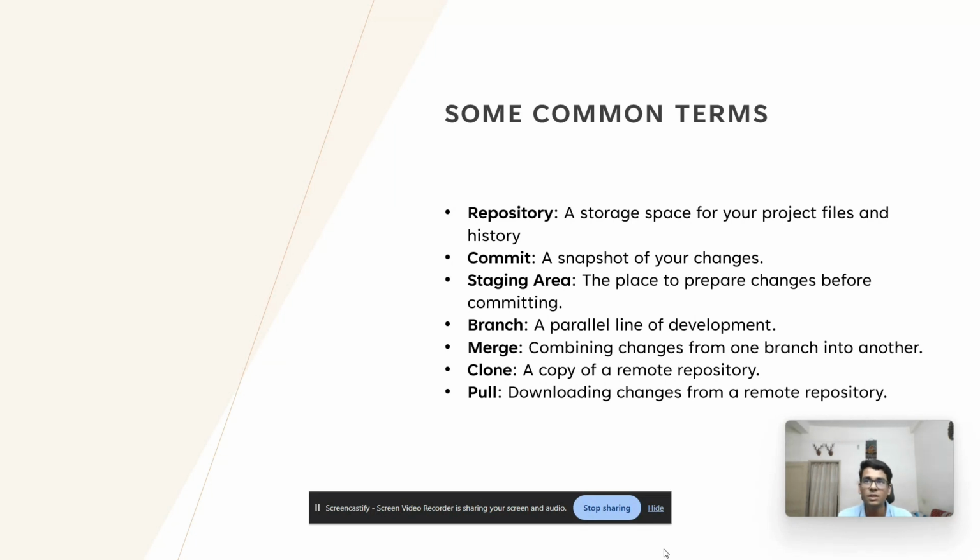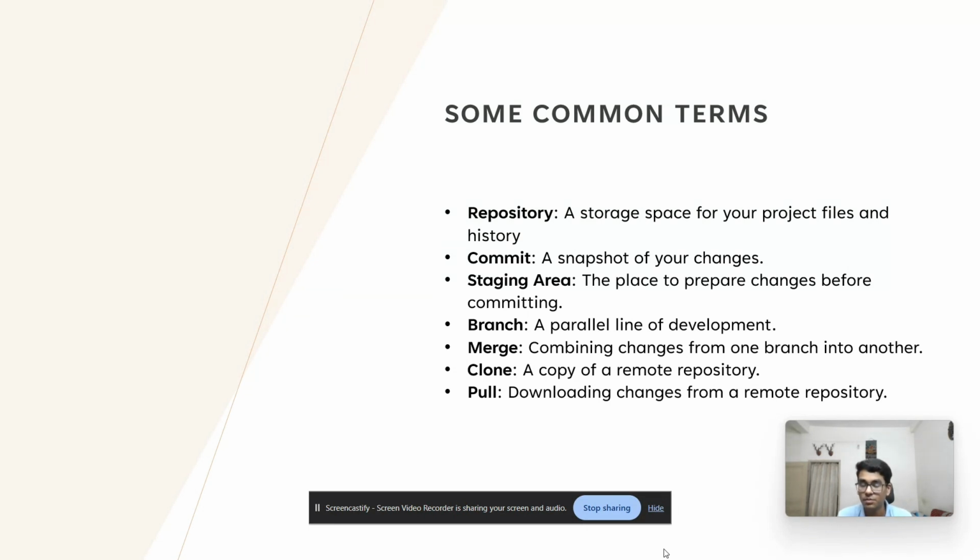Branch. A branch is a parallel line of development and it would be covered later while we would be taking a look at Git branches. Merge is basically combining the changes from one branch into another. Clone. A clone is a copy of a remote repository made on our local system, and pull is a term which we use when we are downloading the changes from a remote repository.